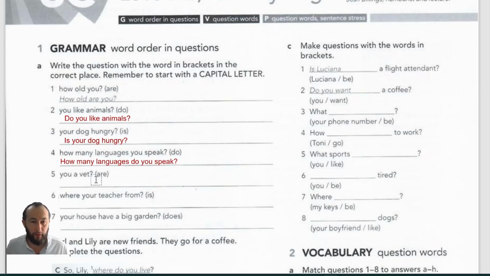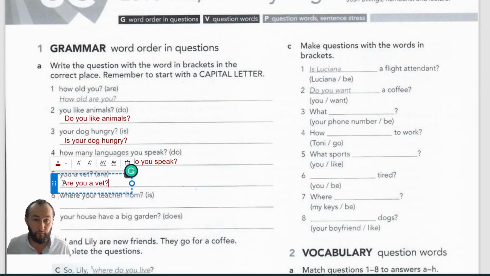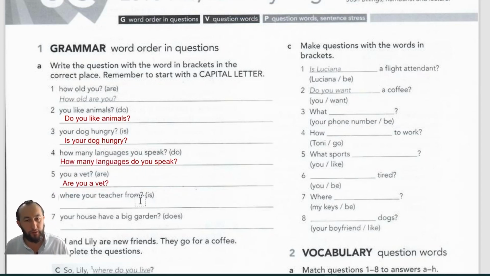And you a vet. So here, are you a vet? So you might ask, why sometimes we're using do and sometimes we're using am, is, are. The answer is, in our question, if we have proper verbs, I'm going to highlight the verbs for you now, guys.